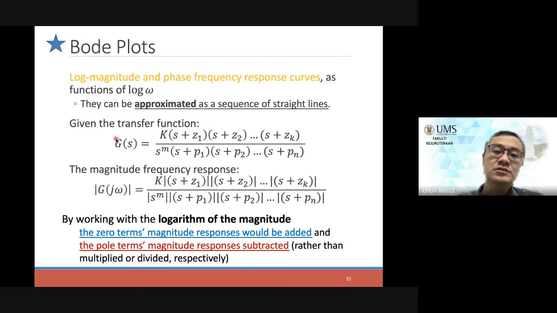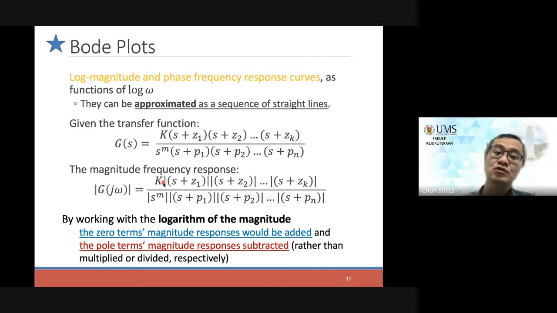Let's take this simple general transfer function. Let's say we have K with a lot of zeros and a lot of poles. Therefore the magnitude would be K with the magnitude of all these terms. Now by working with the logarithm of the magnitude, the upper side, the zero part, would become additions, because log of a times b times c is log a plus log b plus log c.